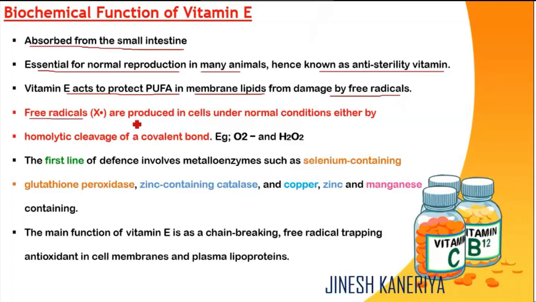Free radicals are produced in a cell under normal conditions, by the homolytic cleavage of a covalent bond. These free radicals damage the normal cell via homolytic cleavage of the covalent bond.